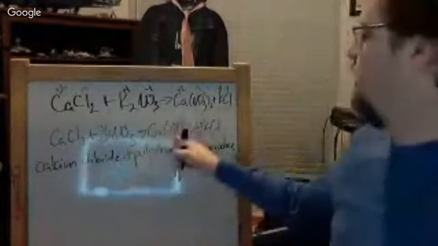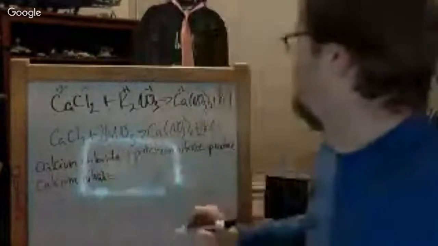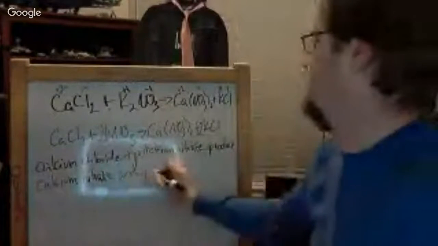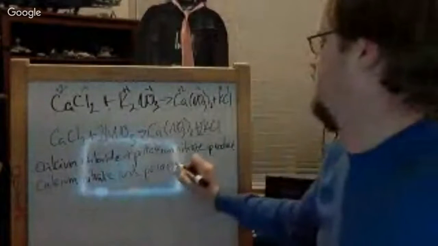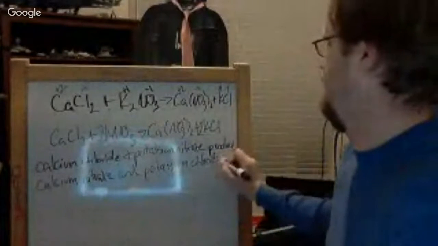That's Ca(NO3)2. That is calcium nitrate and potassium chloride. Okay.